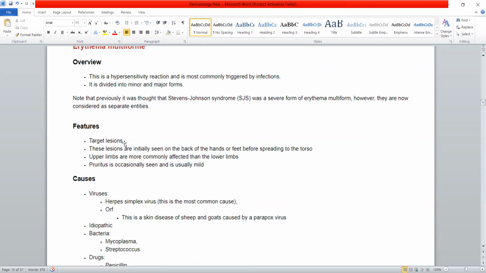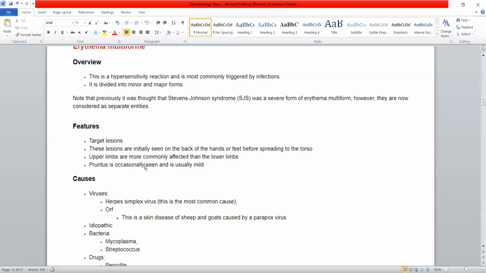Erythema migrans is present in patients with Lyme disease. In Lyme disease, there is a single target lesion, while in erythema multiforme, there are multiple target lesions.